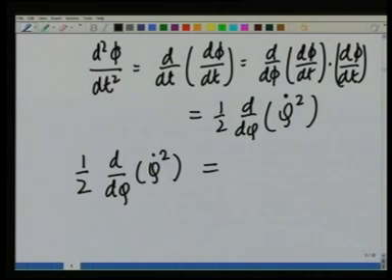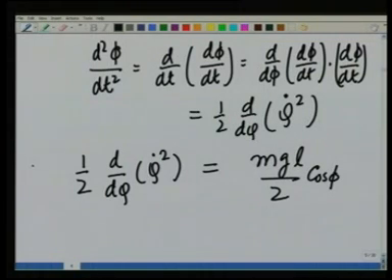is equal to m g L over 2 cosine phi, and there was an I here, which is m L square over 3. I had simplified it earlier, I will do it again.